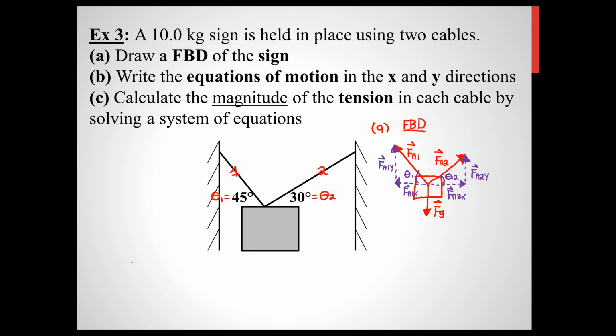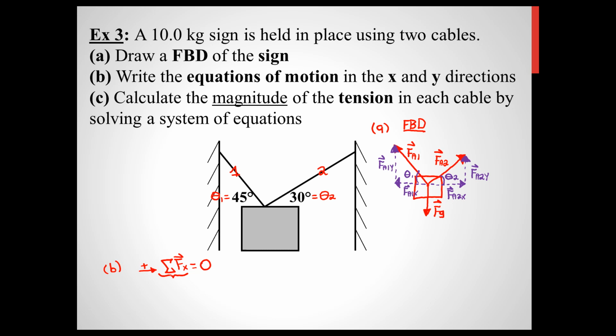Now, part B. Let's go to the equations of motion. Start in the x direction. Let's assume right is positive. So find the sum of the forces in the x direction. If we're in a state of equilibrium, that's equal to 0. Now, what this means is look at the free body diagram, look at the forces in the x direction.